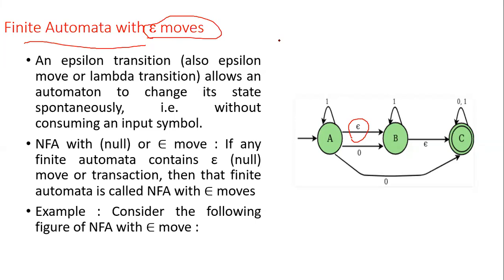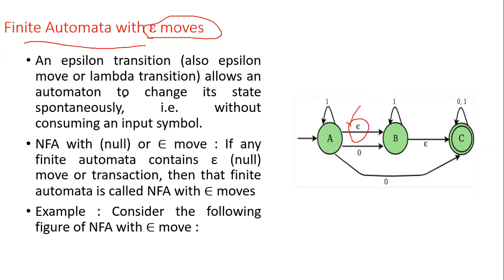Why do we use epsilon? For example, I need not read any input, but I have to travel from one state to another state. Then I can use this situation: without reading the input, I make the transition empty, and then I can shift my state. This is the concept of NFA with epsilon.